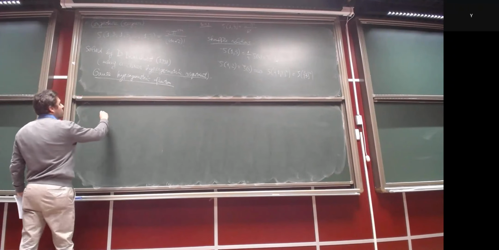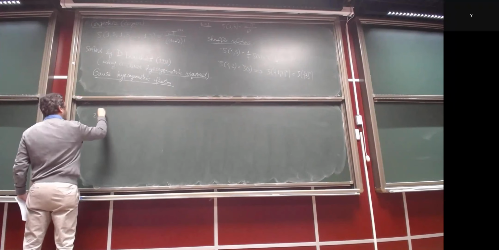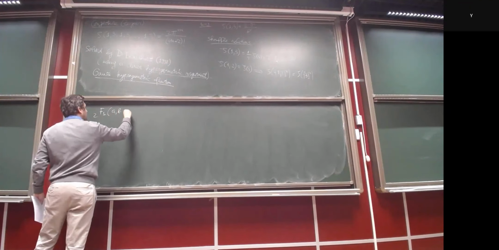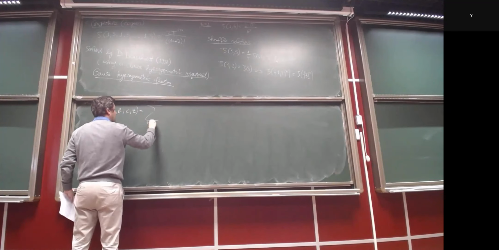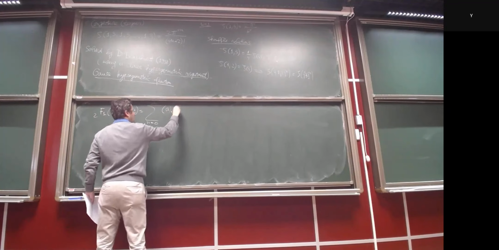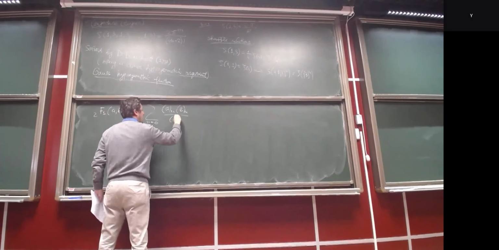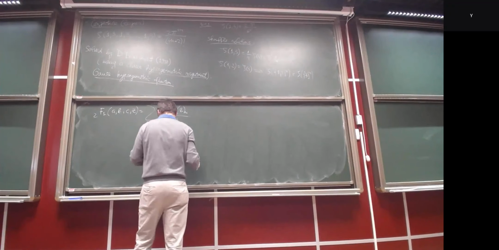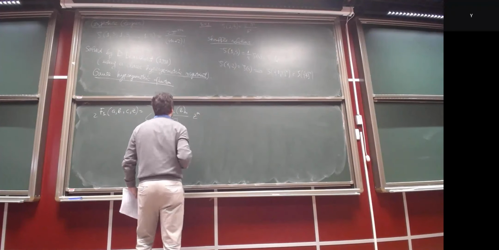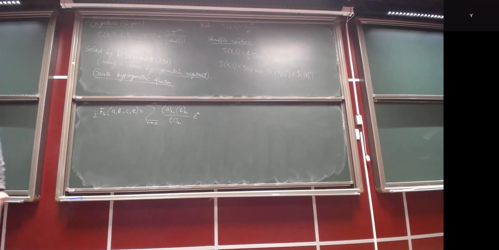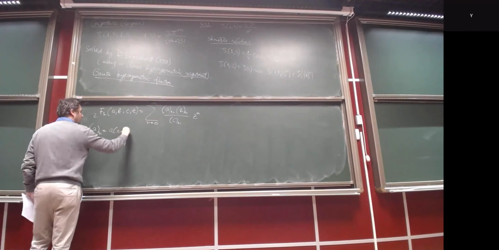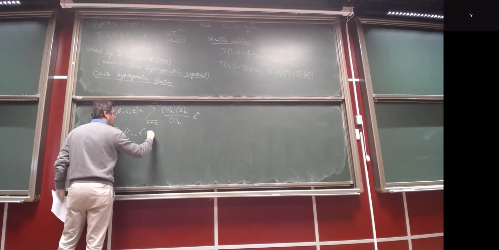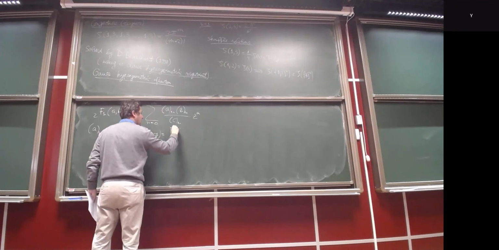So the Gauss hypergeometric function is defined as 2F1(a, b; c; z), with the variable z. It's defined by this series, and these are the Pochhammer symbols, z to the n. The Pochhammer symbol is just a times a plus 1 up to a plus n minus 1, or a ratio of gamma functions.